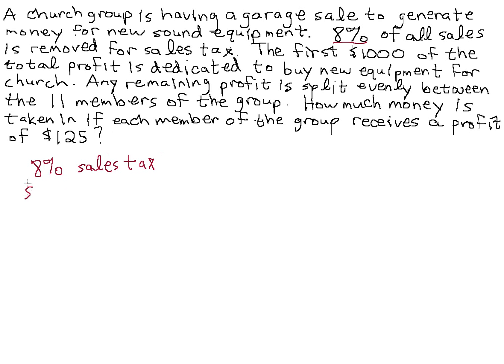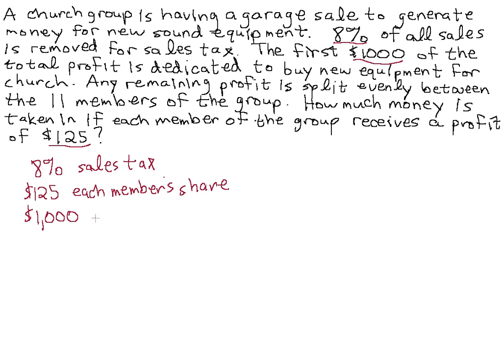Okay, what's next? Well, we know $125 is each member's share. Next we have $1,000 dedicated to buy new equipment for the church, and we can't forget this because that's actually why we're doing the sale.